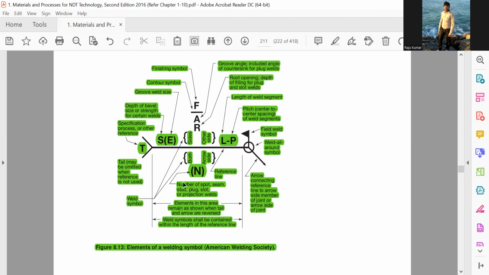So the weld symbol, the number of spots, seam, stud, plug, slot or projection welds. Reference line. When the reference line is like this symbol, this side is the other side. Anything written here is other side, anything written on the bottom side is arrow side.